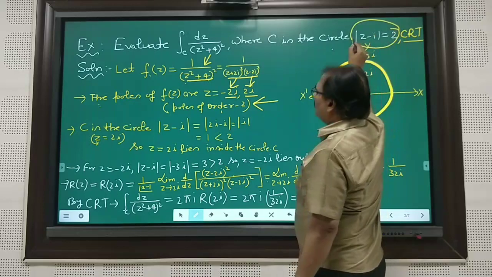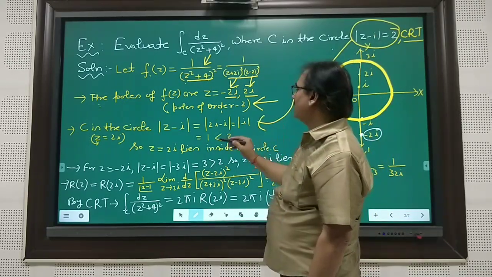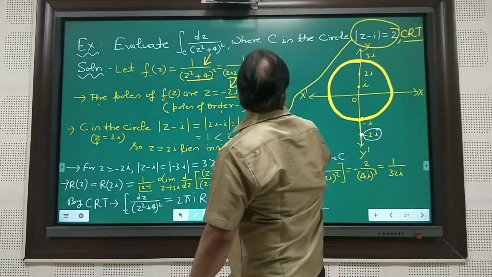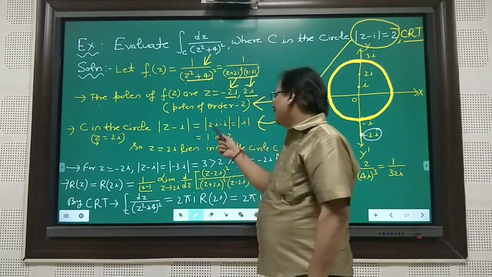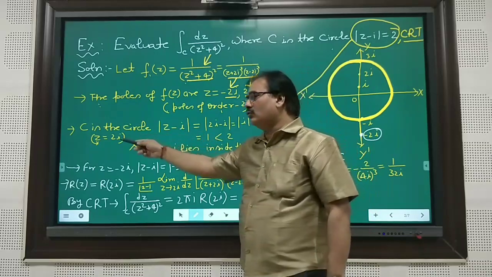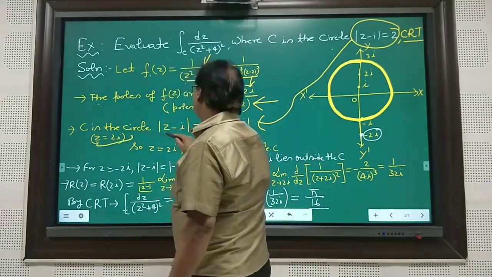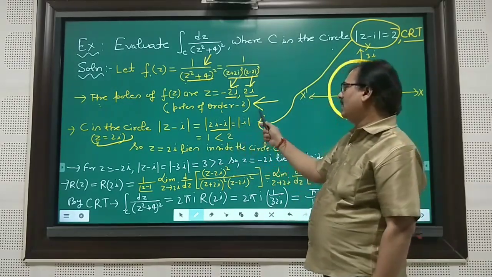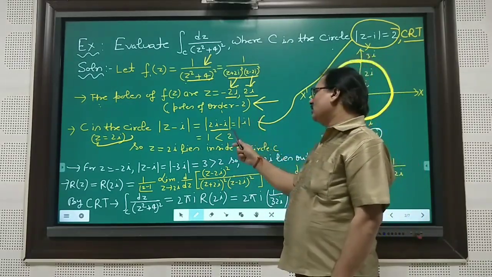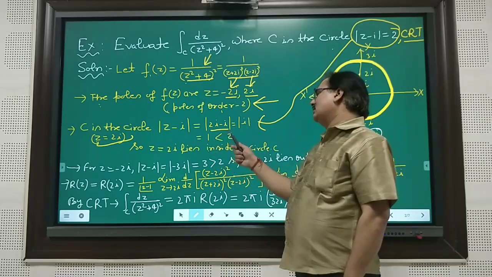Since this is the circle, we may write |z − i| = 2. For z = 2i, just put the value here: 2i − i is |i|, and the modulus of i is 1, and 1 is always less than 2.